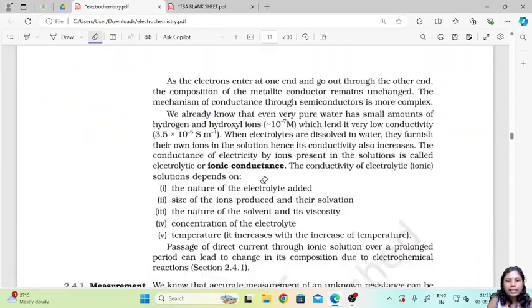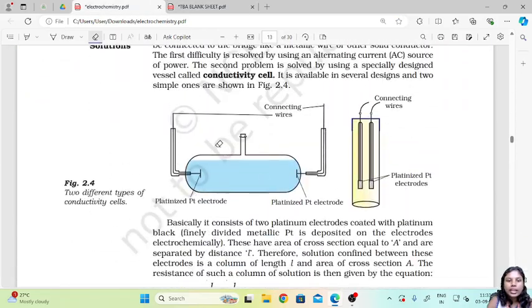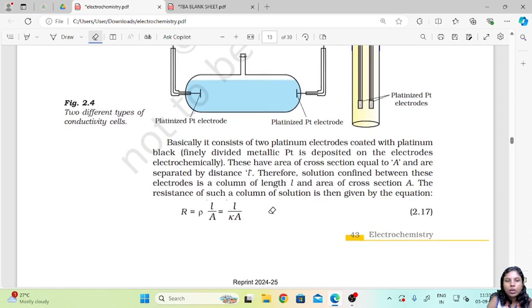Now let's look at this conductivity cell. There are several designs, but here they have given two designs of conductivity cells. Basically it has two platinized platinum electrodes and a connecting wire. Same way here also they have two platinized platinum electrodes with respective connecting wires.